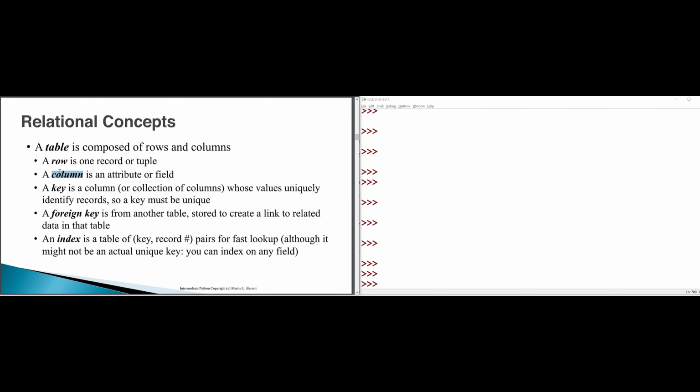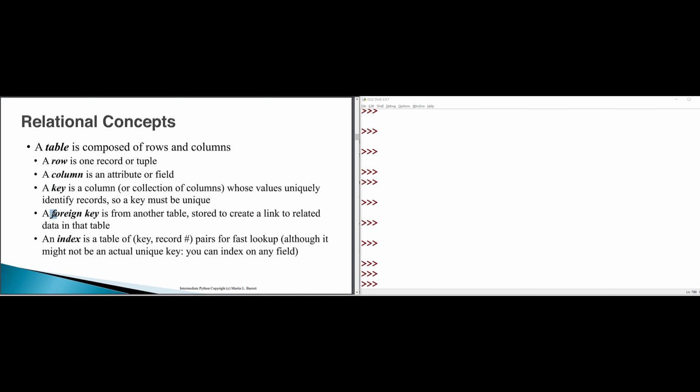Okay, so columns are attributes or fields. Rows are individual records. One column, or perhaps sometimes a collection of columns, is the key that uniquely identifies each record within the table.